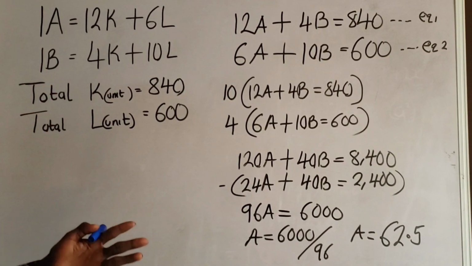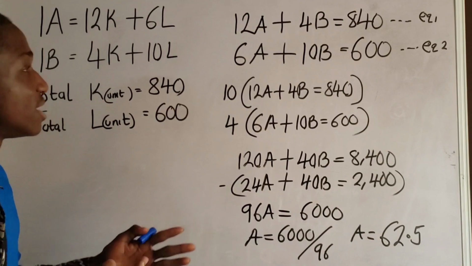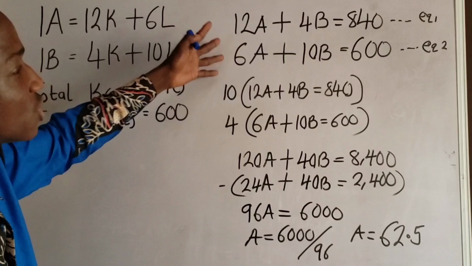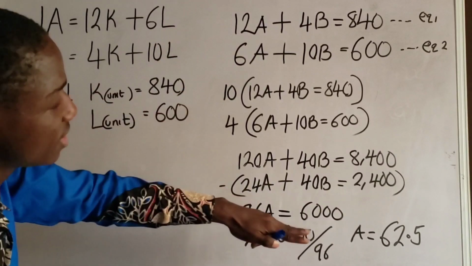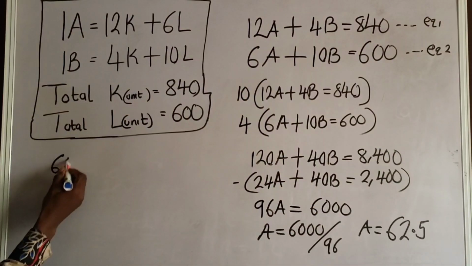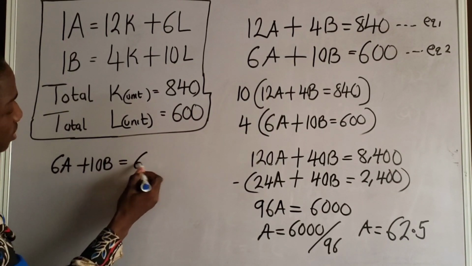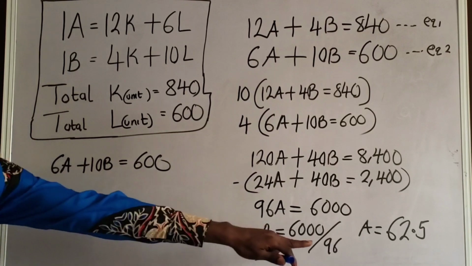Now let us calculate the amount of product B that can be produced by substituting A into equation 1 or equation 2. Let us substitute A into equation 2. 6A plus 10B equals 600. Don't forget that A is 62.5.